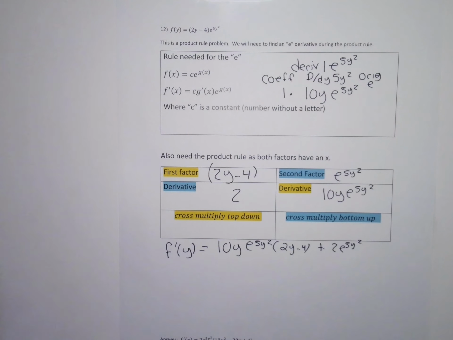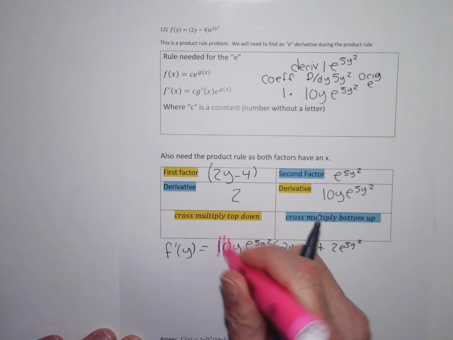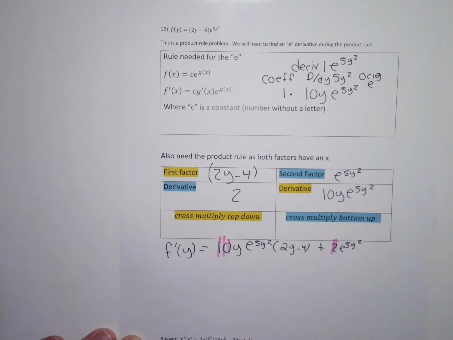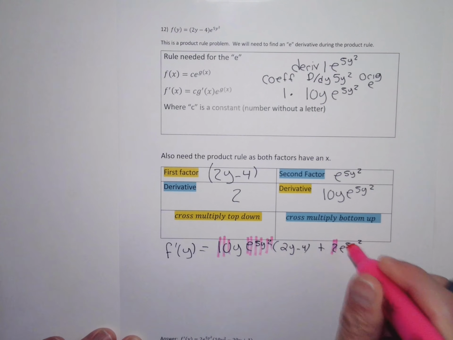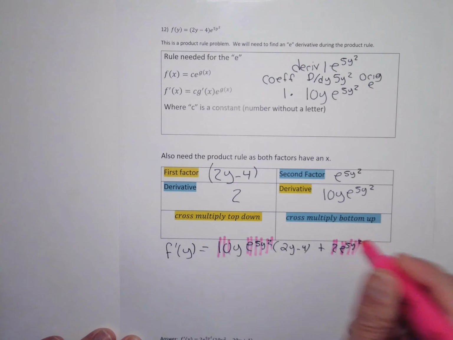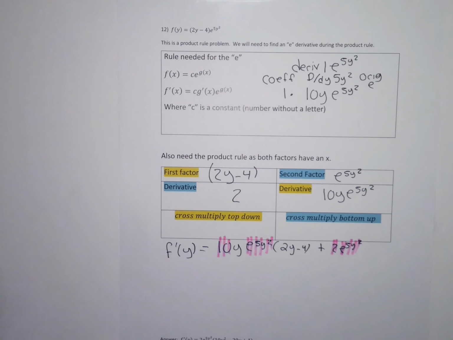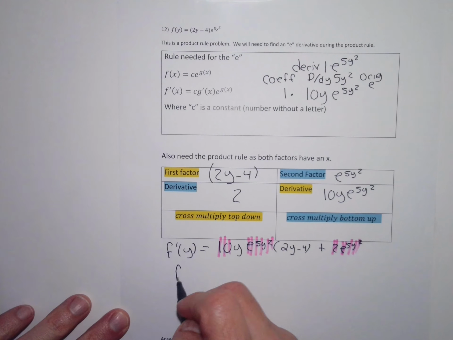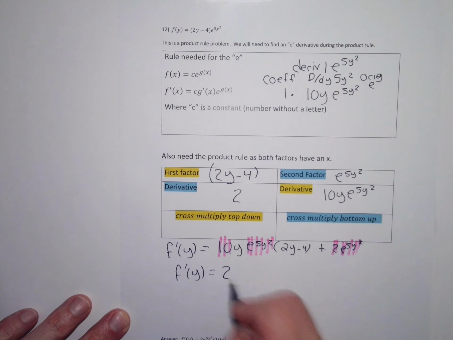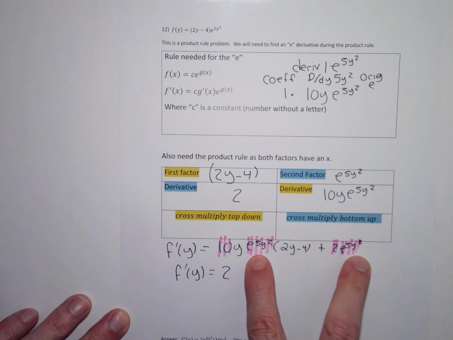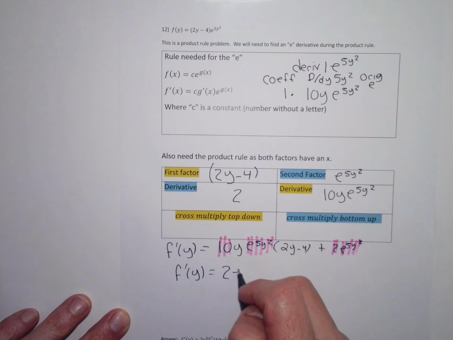I'm going to factor out between the 10 and the 2, I'm going to factor out a 2, and I'm also going to factor out the e to the 5y squared. So rather than taking 3 steps or 2 steps to do the factoring, I'm going to do it all at once. So first I'm going to factor out a 2 between the 10 and the 2, and then I'm going to factor out an e to the 5y squared.